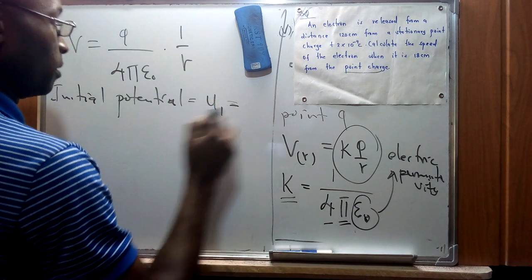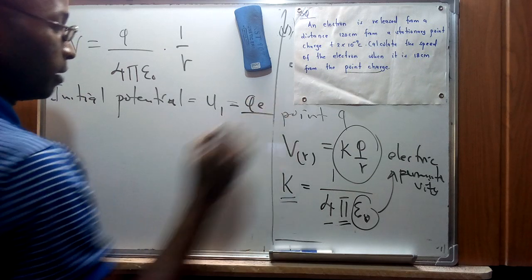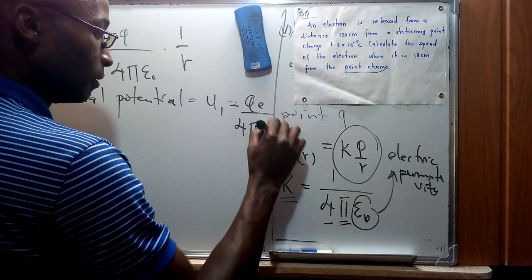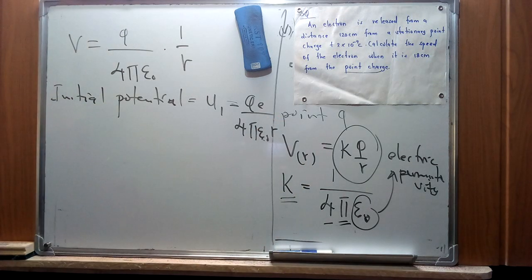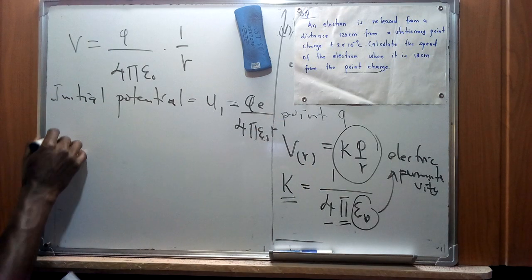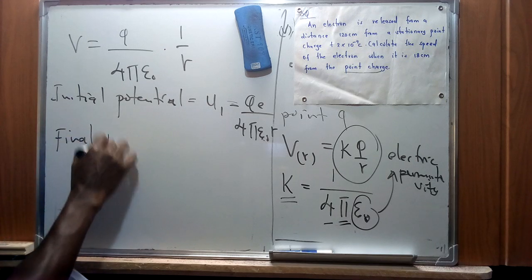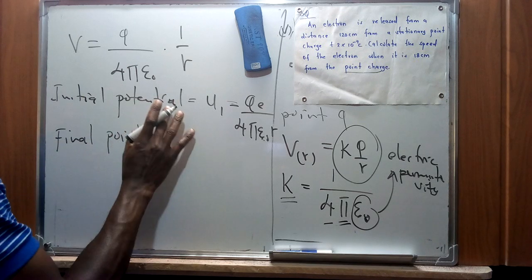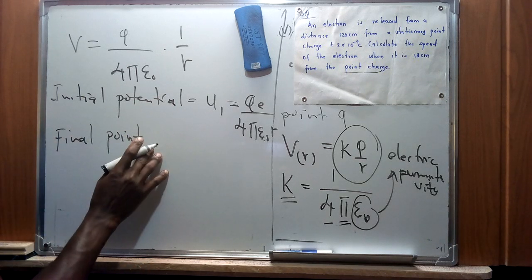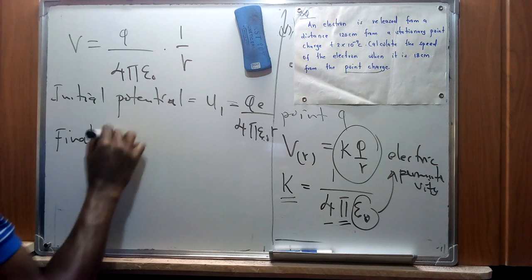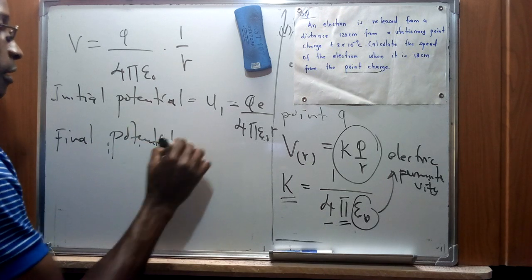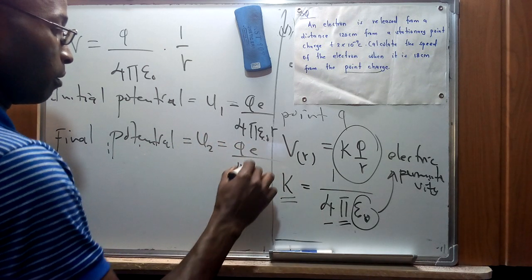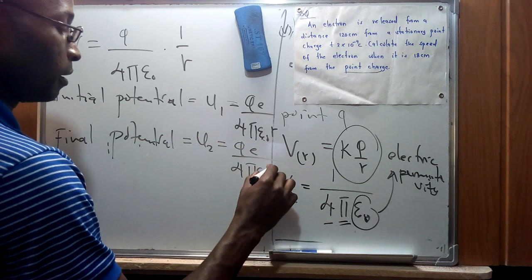Therefore, it's going to be represented as the charge of that electron over 4 pi epsilon naught R1. That is the initial point, and then for the final point of that electron or point charge, the final potential for our case, U2, is going to be the charge over 4 pi epsilon naught R2.